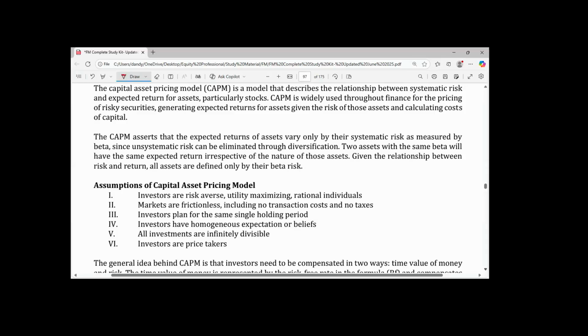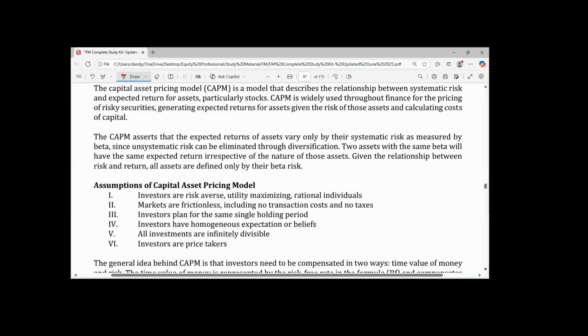I repeat, the capital asset pricing model is a model designed principally to establish the relationship between the systematic risk and expected return of a given asset.